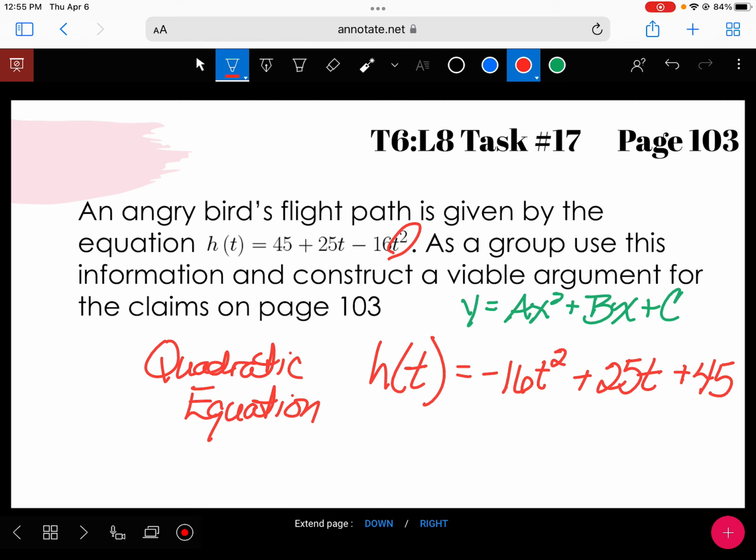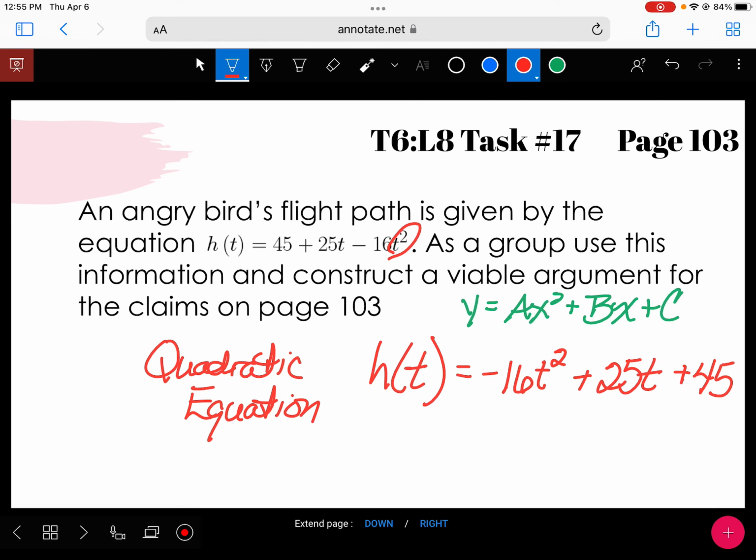Let me remind you that I am recording this session. I was sneezing. So an Angry Bird's flight path is given by that quadratic equation. Okay? That is the flight path. As a group, use this information and construct viable arguments for the following claims. The claim is, can we have pigs?